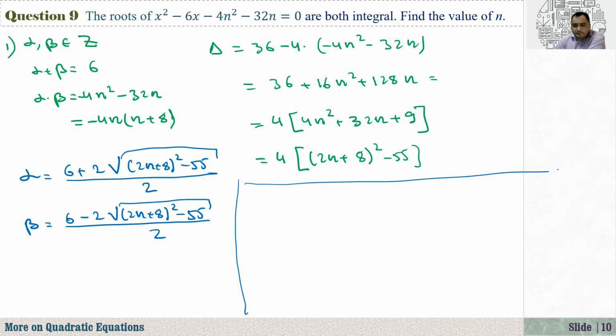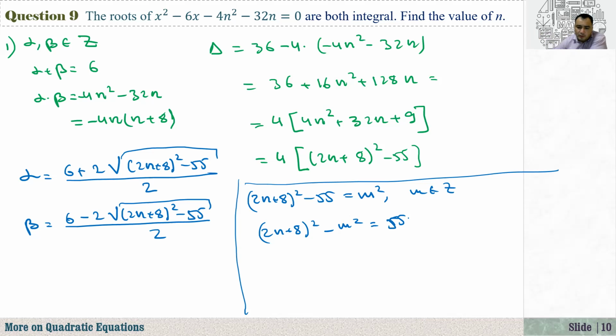So suppose that 2n plus 8 squared minus 55 is equal to, let's say, m squared. So m is some integer, a positive integer here. From here I can write 2n plus 8 squared minus m squared equals 55, right?